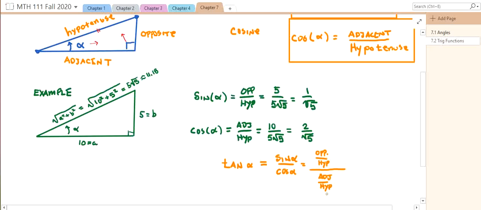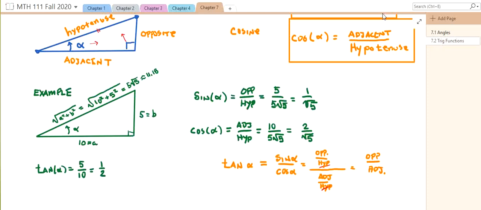So 1 over hypotenuse, 1 over hypotenuse, these hypotenuses can cancel out. And this equals the opposite over the adjacent. Here, the tangent of alpha then is 5 over 10 equals 1/2.